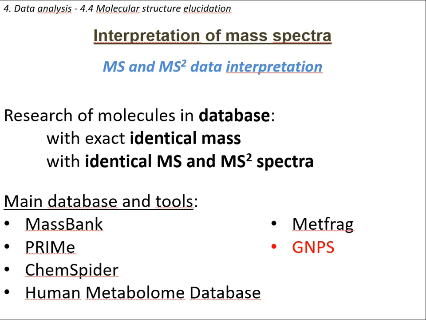It's quite tricky. We can mention MassBank, PRIME, ChemSpider, the Human Metabolome Database, MetFrag, and GNPS. GNPS is quite a recent approach, and we are still looking for the limitations of this technique, but it's very promising to identify new compounds.